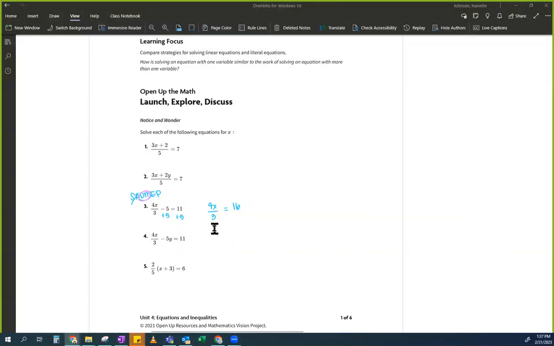So I'm going to go through a couple. Some of you see this as a fraction being multiplied by a number. The way you get rid of a fraction being multiplied is you divide, and you all know that if we divide by a fraction, we're really multiplying by the reciprocal. So you see this as, let me multiply this by the reciprocal.